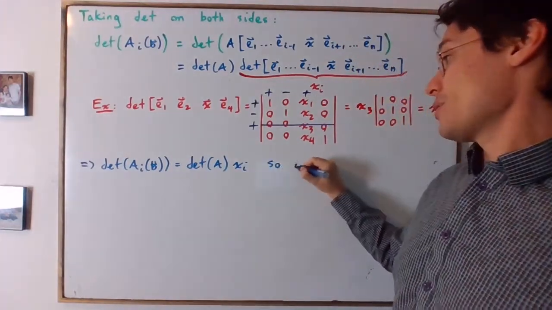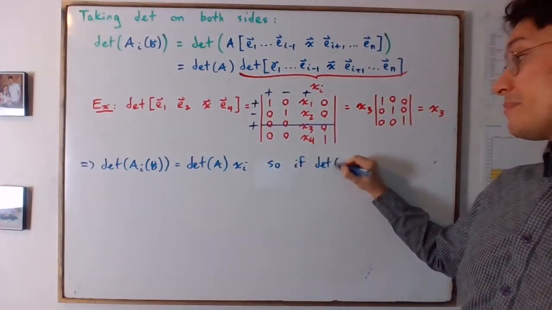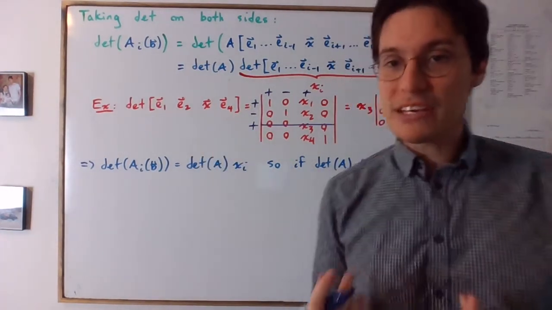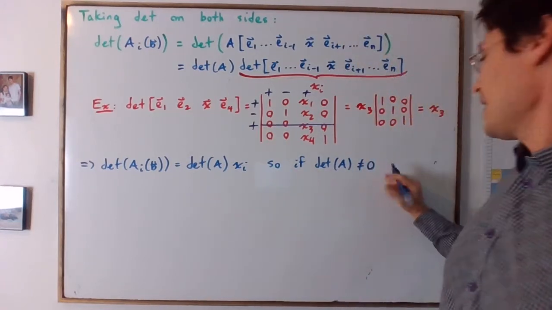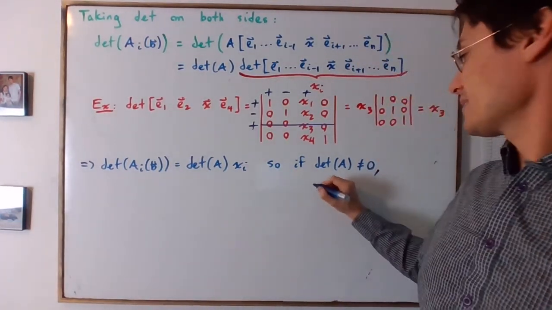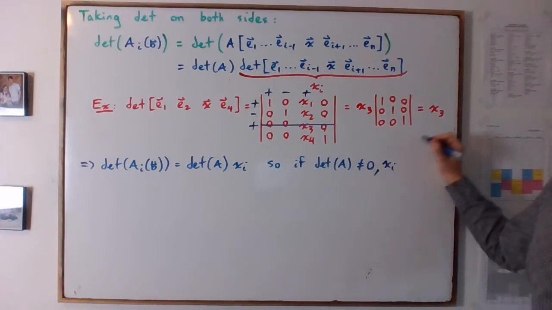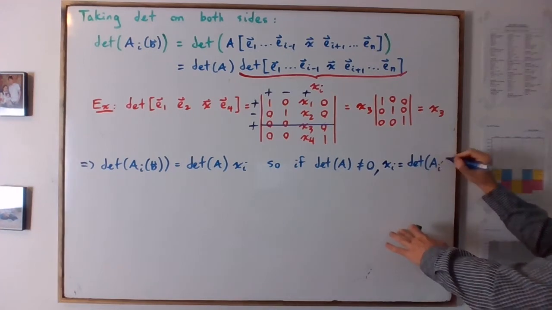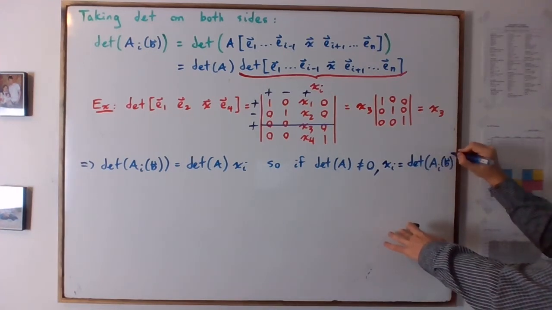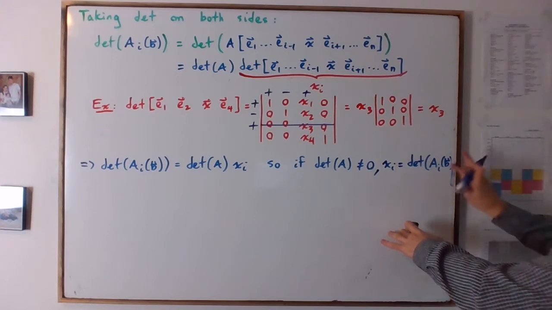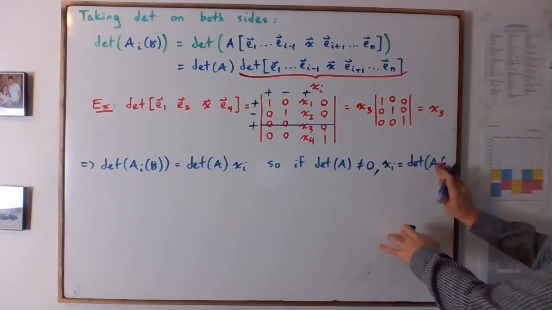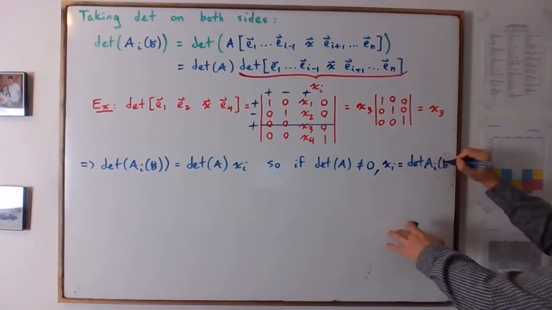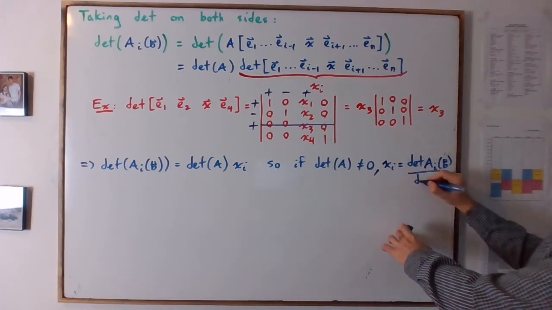So if the determinant of A is not 0, it means that we can move the determinant of A to the other side and get that x_i is equal to the determinant of A_i(B) over the determinant of A.